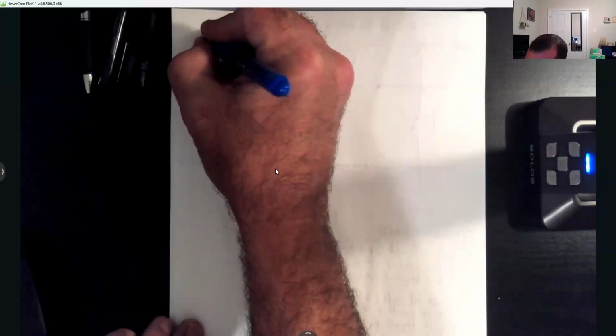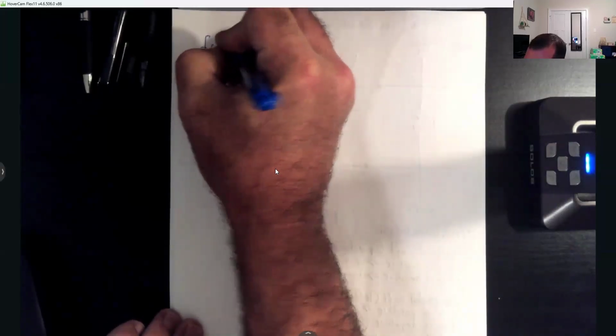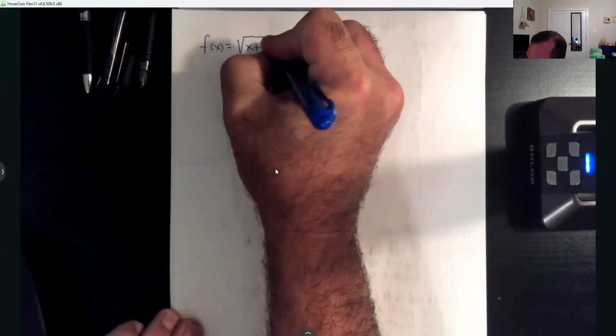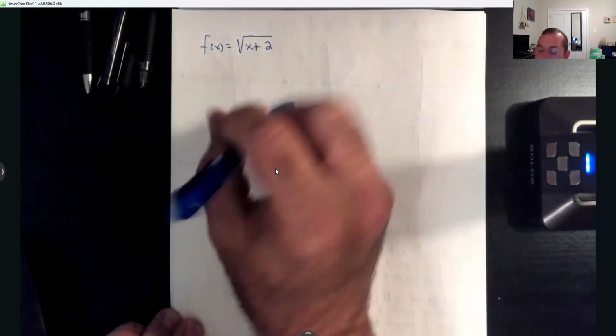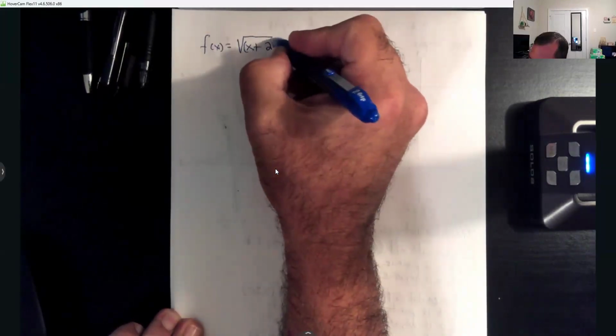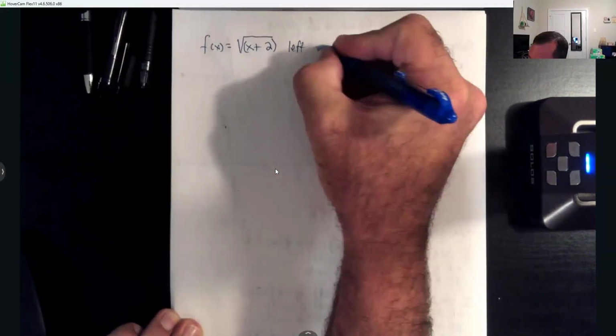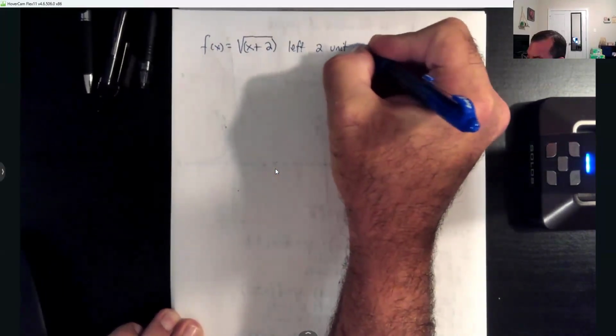So if you had something like f of x equals square root of, say, x plus 2, since it's under the radical, you would treat it like it's in parentheses, and that would actually move me left 2 units.